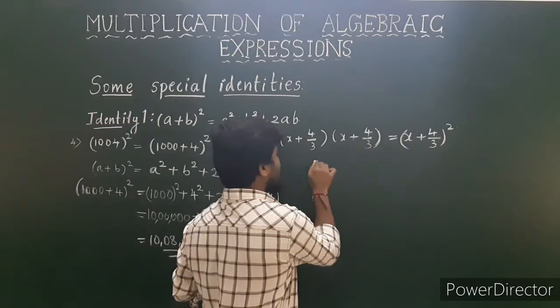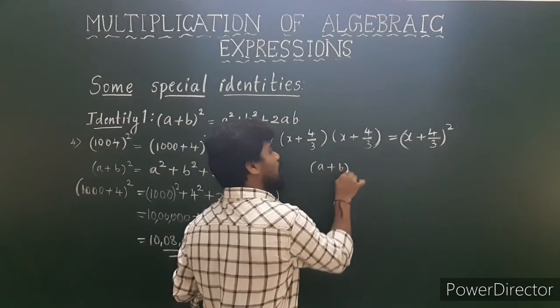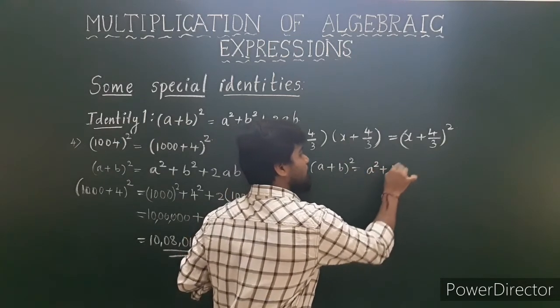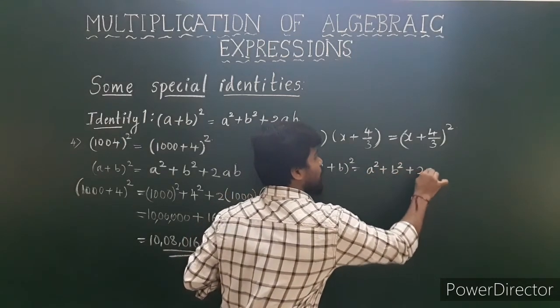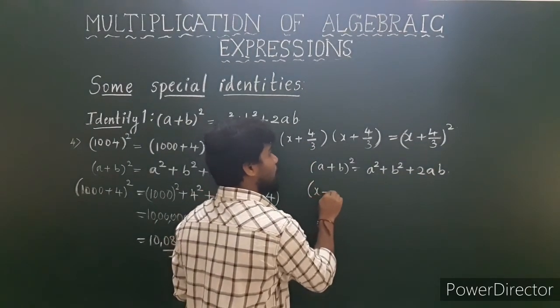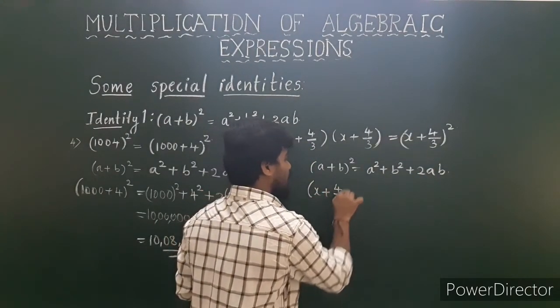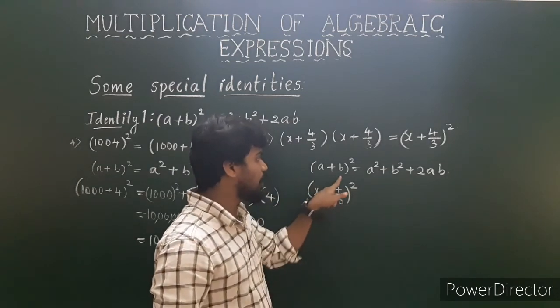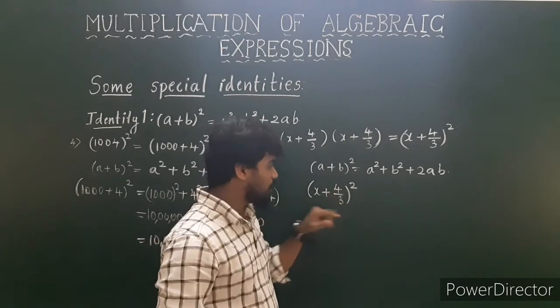In the place of a you have x, in the place of b you have 4 by 3.